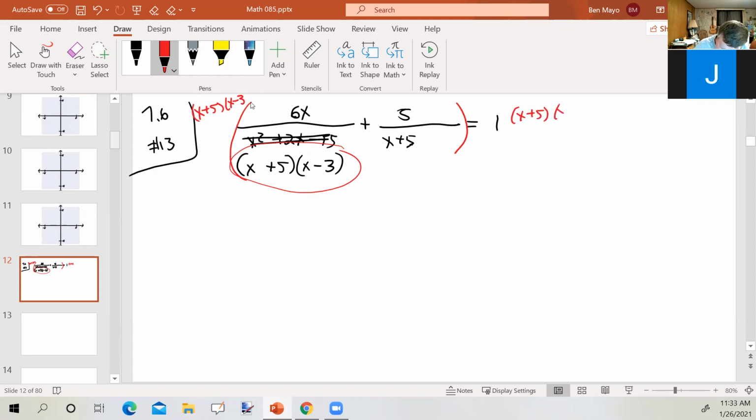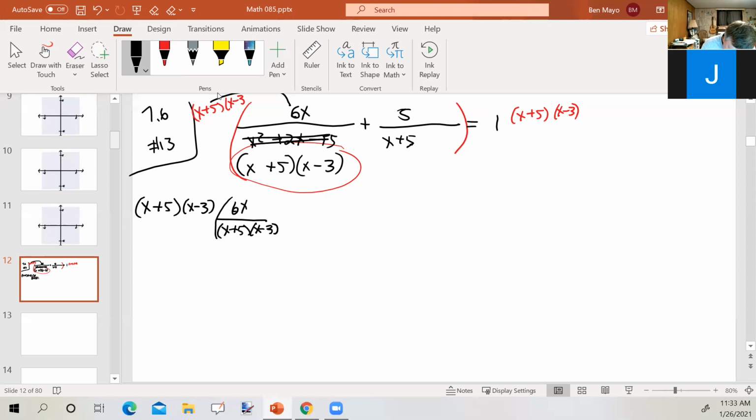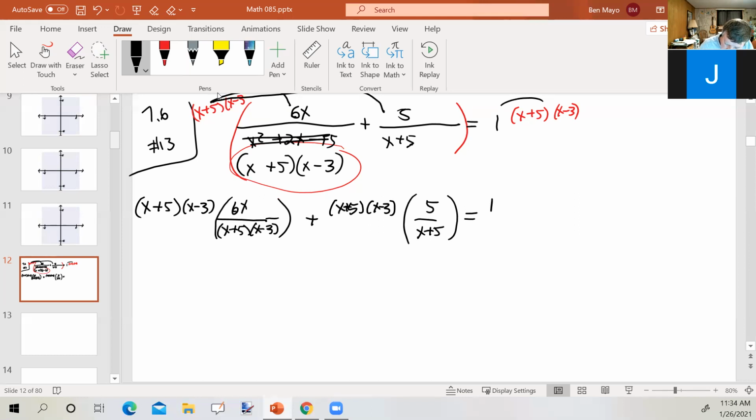On the left side, when I distribute, I get x plus 5 times x minus 3 times 6x over x plus 5 times x minus 3, plus x plus 5 times x minus 3 times 5 over x plus 5, equals, on the right side, 1 times x plus 5 times x minus 3.